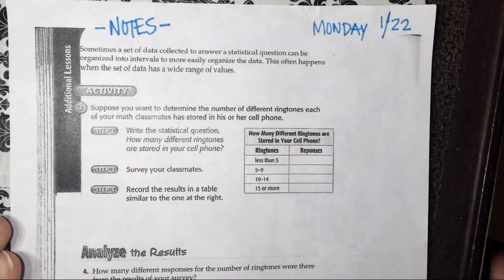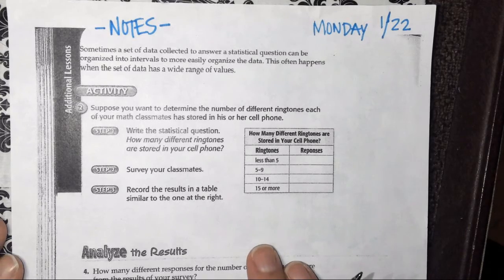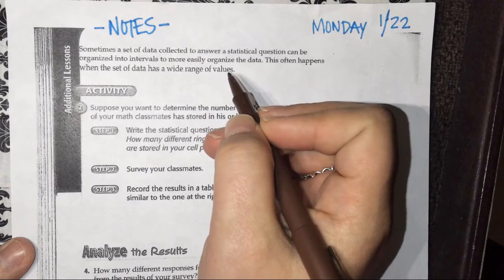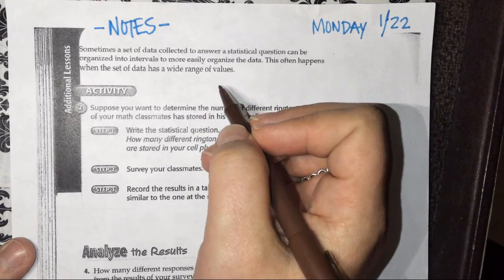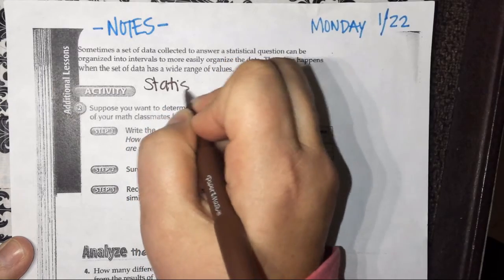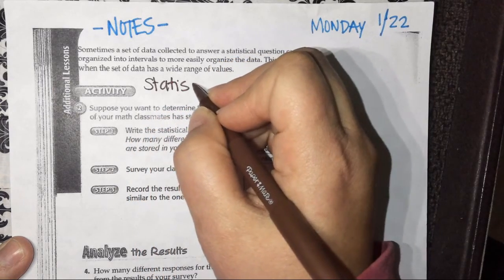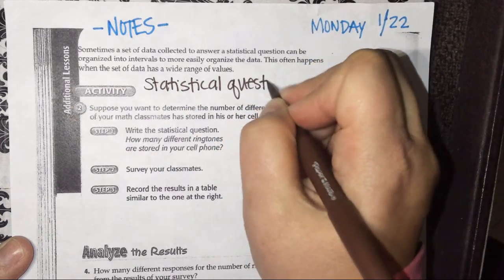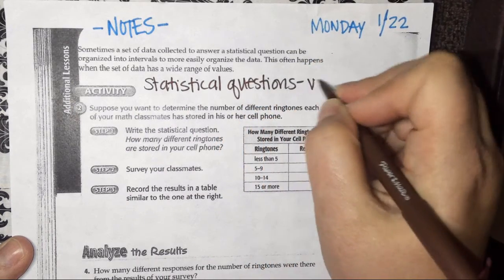But when we talk about statistical questions, the biggest thing I want you to realize is that a statistical question will have a variety of answers, okay? So statistical questions, I want you to think of the word variety.